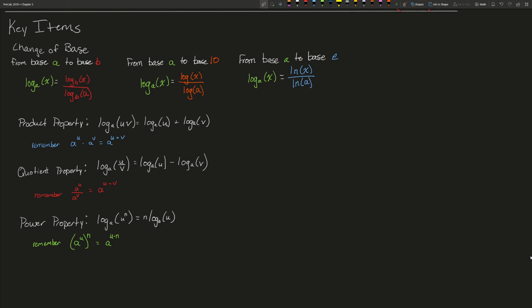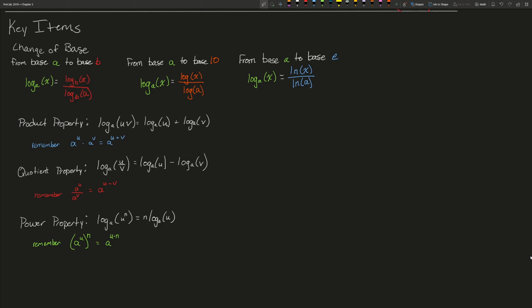And then there are three properties that involve expanding or condensing logarithms. The first is the product property. So if we have log base A of u times v, we can split the u and v up by taking the log base A of u plus the log base A of v. The next is the quotient property. So if we have a ratio of two things inside parentheses of a log, we can split that up with a difference. So log base A of u divided by v is equal to log base A of u minus log base A of v.